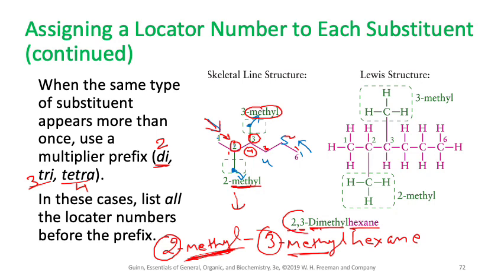So from this naming, which is the right naming, we can say 1 methyl group is present on the 2nd carbon, and the 2nd methyl group is present on the 3rd carbon of the parent chain. So this is how you normally do it.